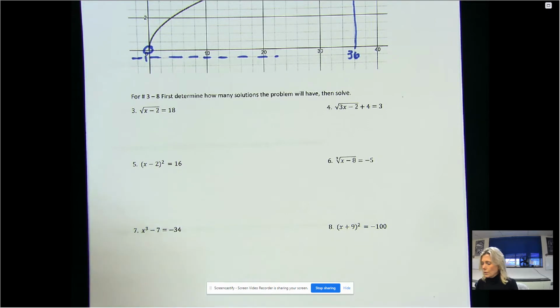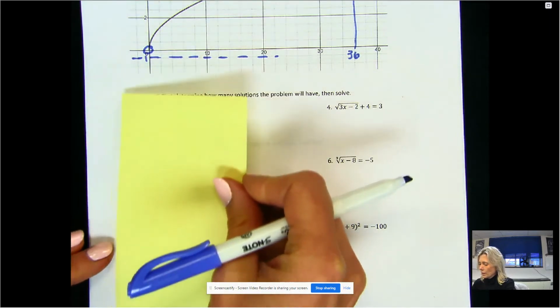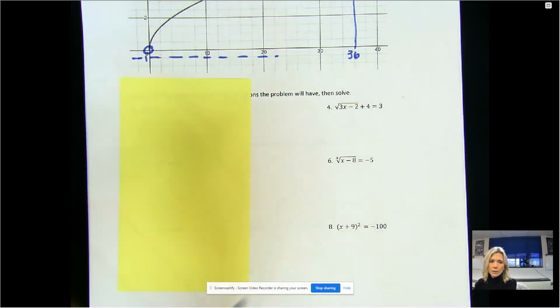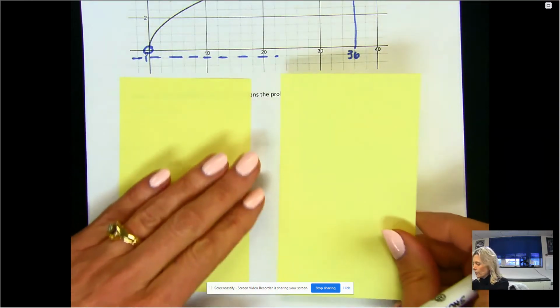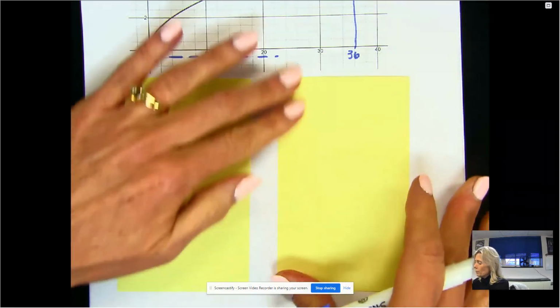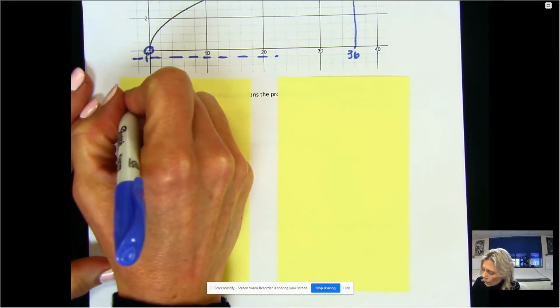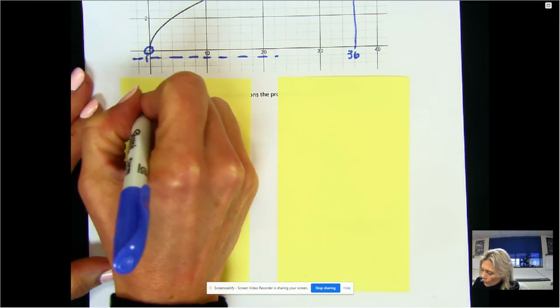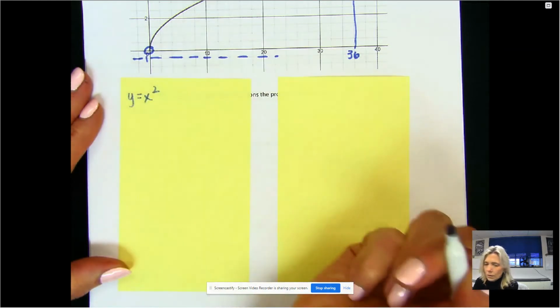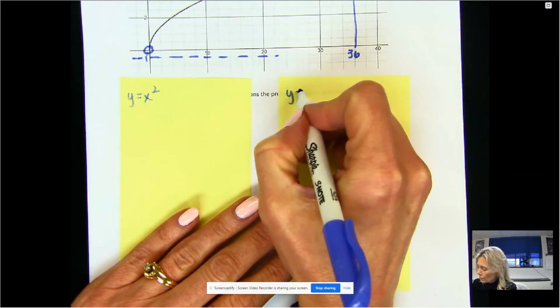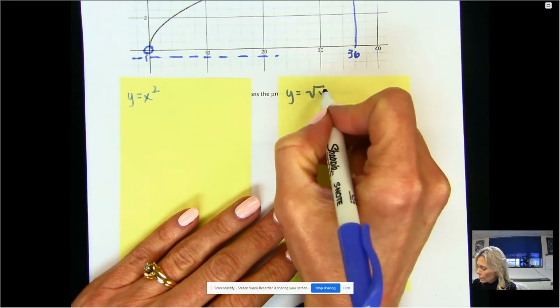And so the first thing that I'll share with you is thinking about there's 4 basic functions we've been working with. We've been working with x squared equations. So I'm going to look at the function y equals x squared. Then I'm also going to look at the function y equals the square root of x.